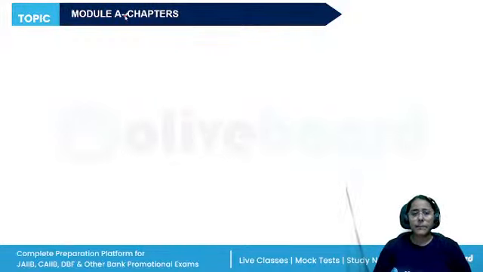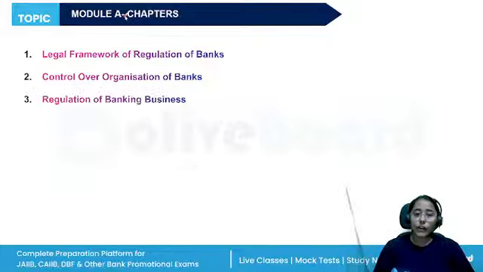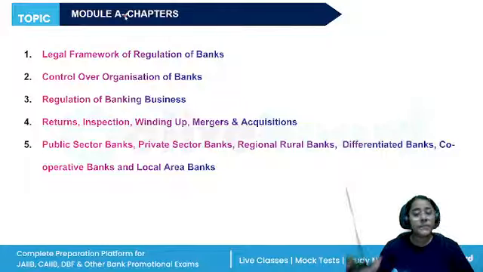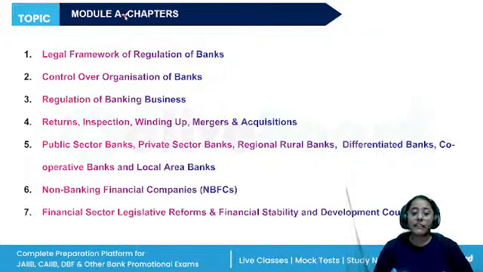Coming to the chapters, like we said, module A has 7 units covering the legal framework of regulation of banks, control over organization, regulation of banking business, returns, inspection, winding up, the different types of banks in India, NBFCs, and the financial sector legislative reforms.